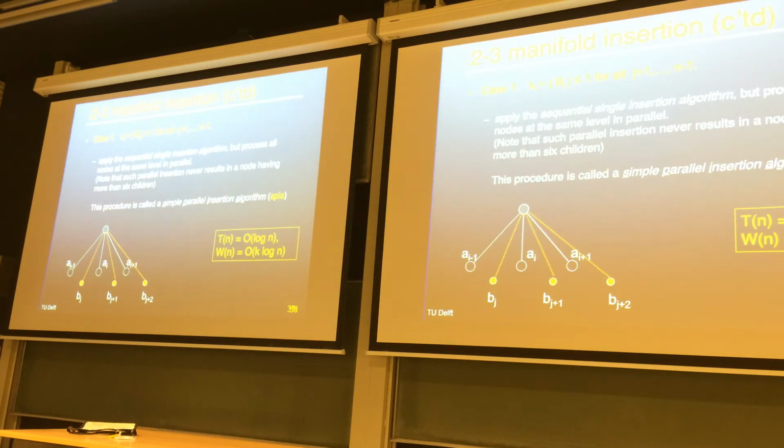What we end up with is, if the number of nodes to be inserted here is bounded above by 1, then the total number of nodes you have to insert under a given parent is always less than or equal to 6. So for a given parent node, you never have the case that there are seven or more nodes that you have to insert suddenly.